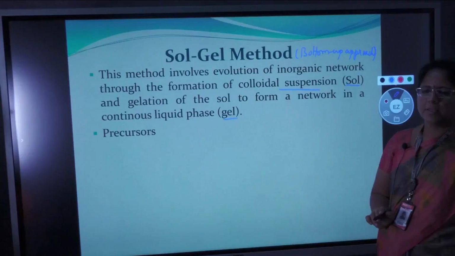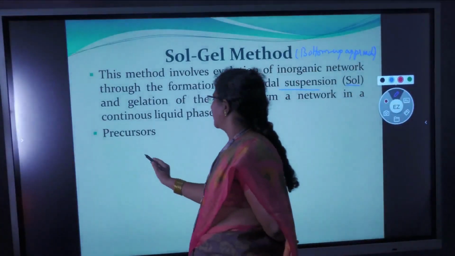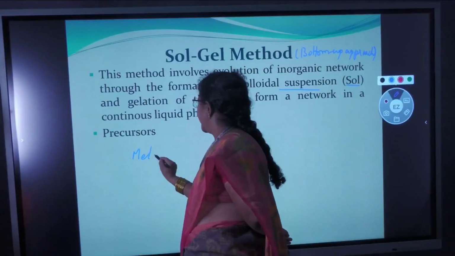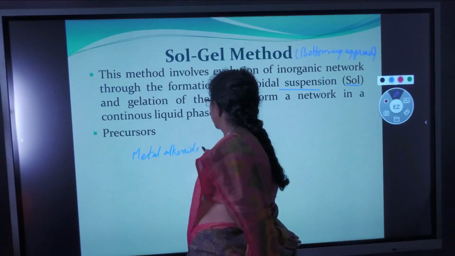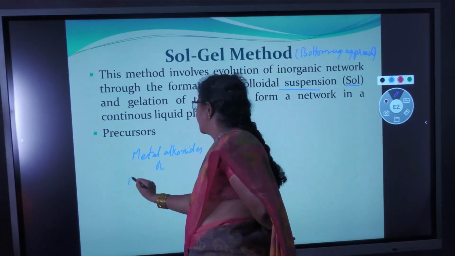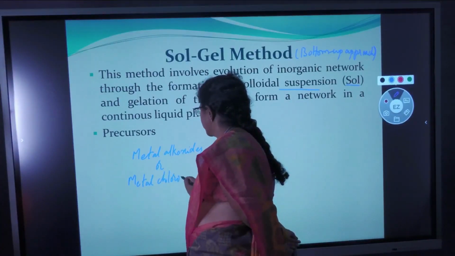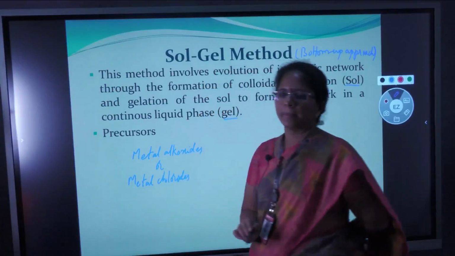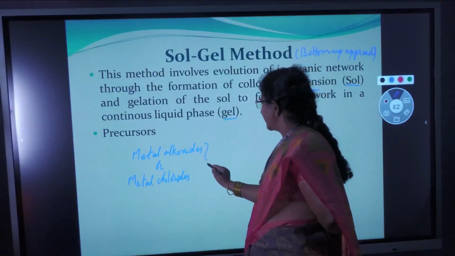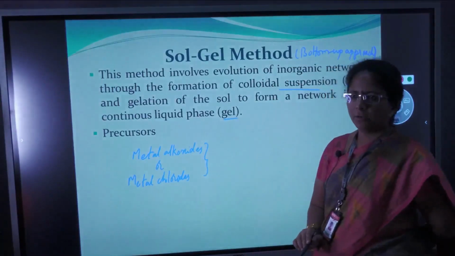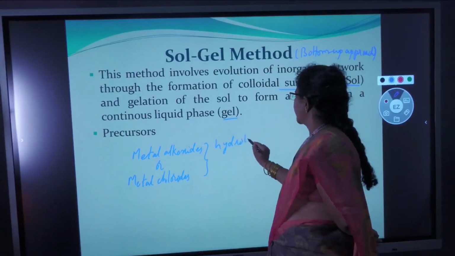The precursors, nothing but the starting materials, in the sol-gel method are metal alkoxides or metal chlorides. These metal alkoxides or metal chlorides will undergo hydrolysis and polycondensation reactions.